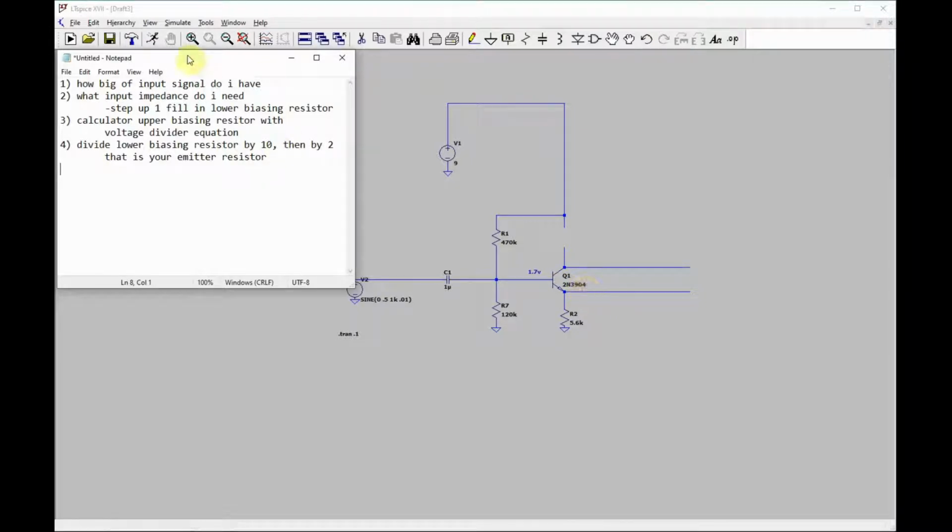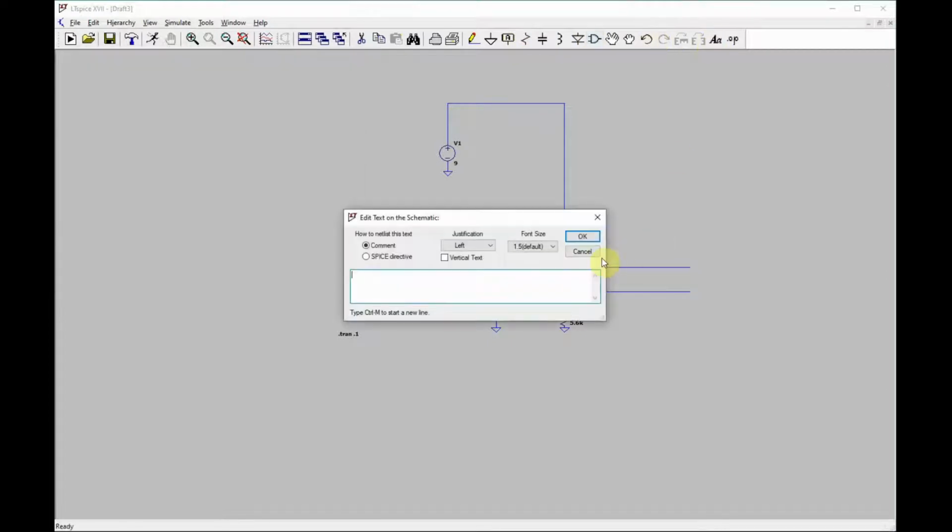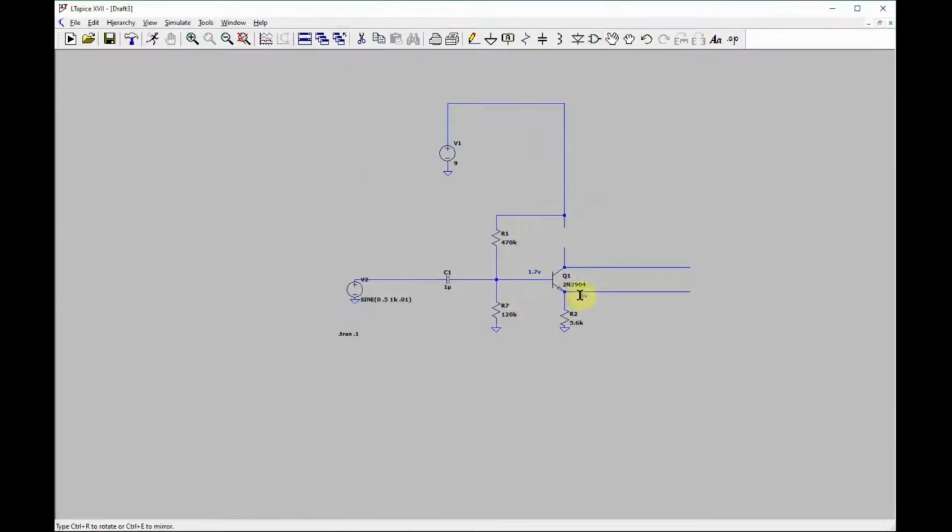We know that this drops by 0.7, so I'm going to mark this. Where we go? Yeah, it's right here. Sorry. I'm going to mark this with 1 volt.